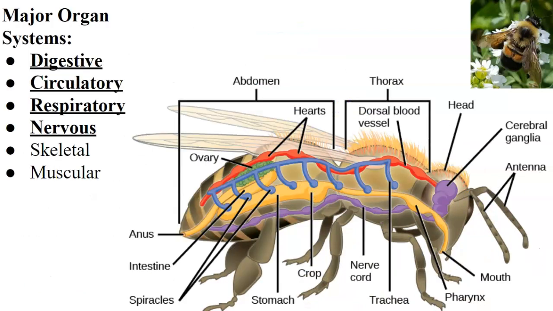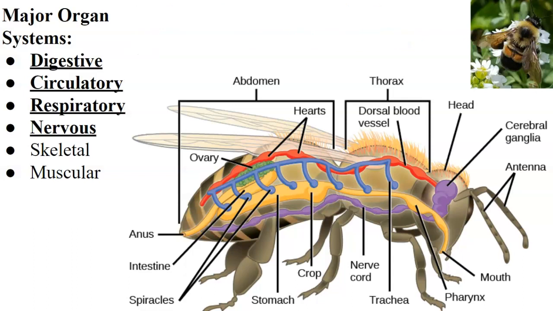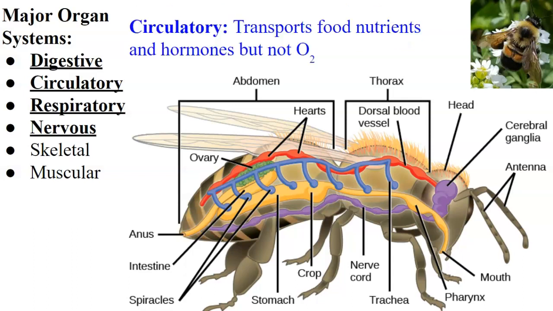So if we take a moment to think about what these systems do generally for the rusty-patched bumblebee, it's not all that different than what happens in us. The digestive system breaks down food, helps get nutrients for circulating to all the body's cells. The circulatory system helps transport those digested nutrients.